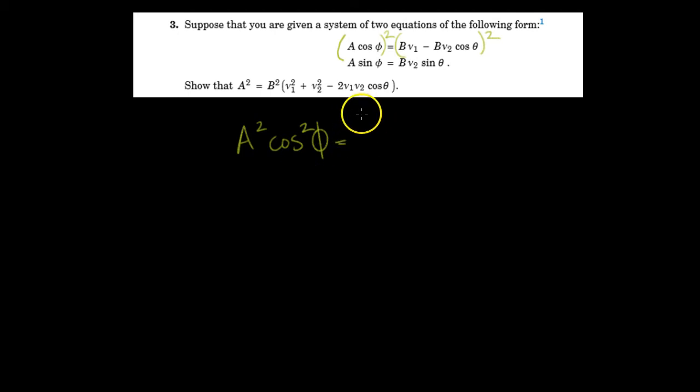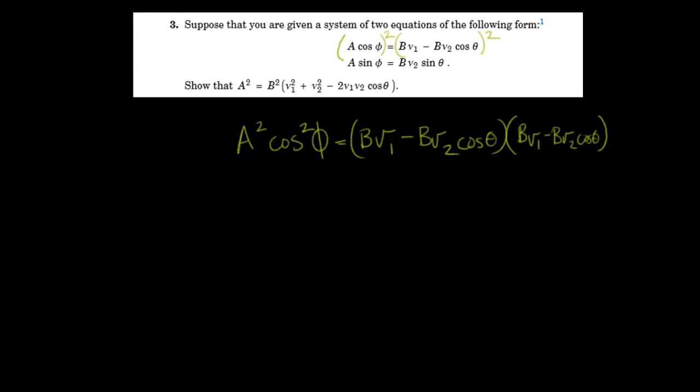Now, when you expand that, you're doing b v1 minus b v2 cosine theta, right? But then you have another one, b v1 minus b v2 cosine theta, right? So then you have to FOIL. So I'm going to FOIL the right-hand side.